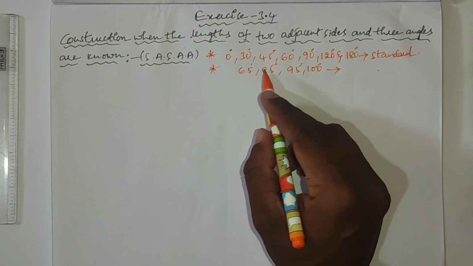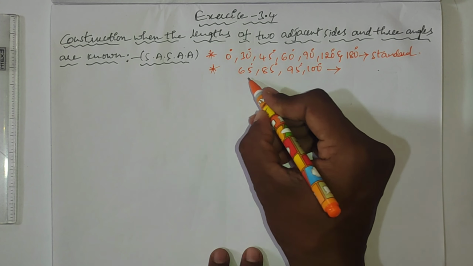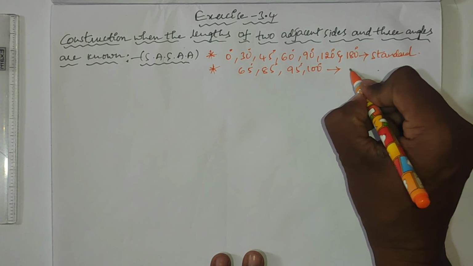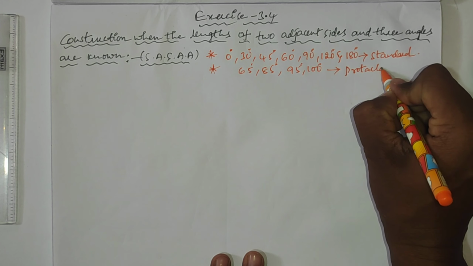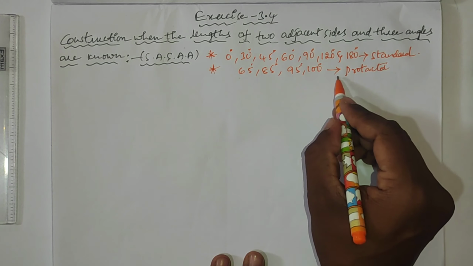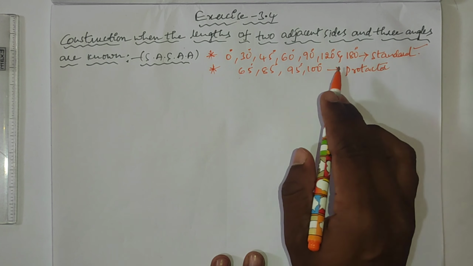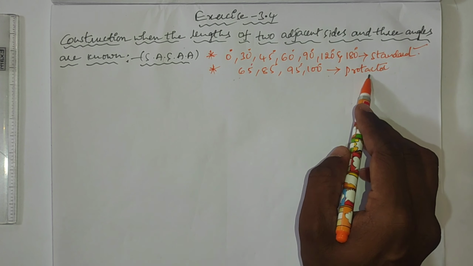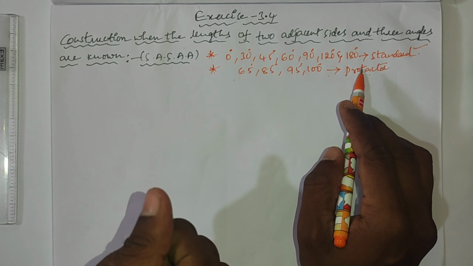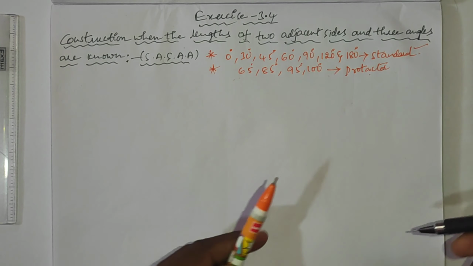That's why, instead of the compass, we'll use a protractor to construct these angles. Standard angles we can do directly with a compass, but for some of these angles we'll use a protractor to avoid difficulty. Okay, so we'll start our class.